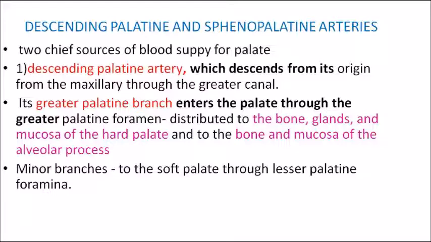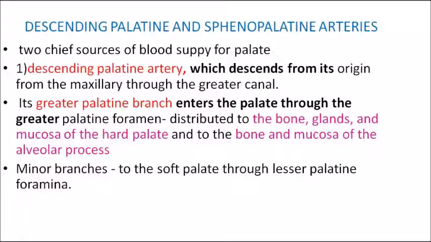It has several branches. The main branch is the greater palatine branch, which enters the palate through the greater palatine foramen and supplies the bone, glands, and mucosa of the hard palate and the bone and mucosa of the alveolar process.